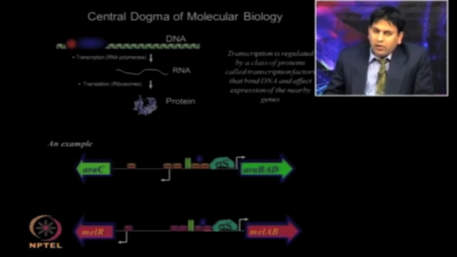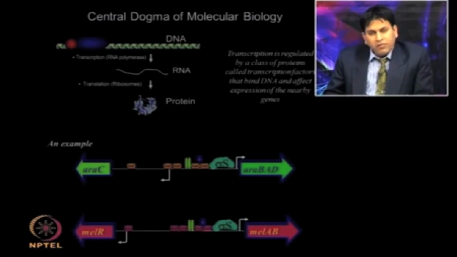Now, as an example, let's see the case of the AraC transcription factor in a bacterial genome such as E. coli. This particular transcription factor binds to the upstream regions of the araBAD operon, which encodes for the enzyme and the transporter responsible for the uptake of arabinose from the environment.